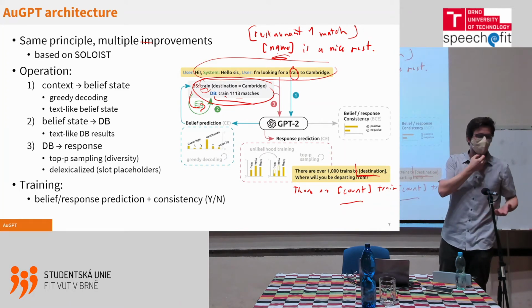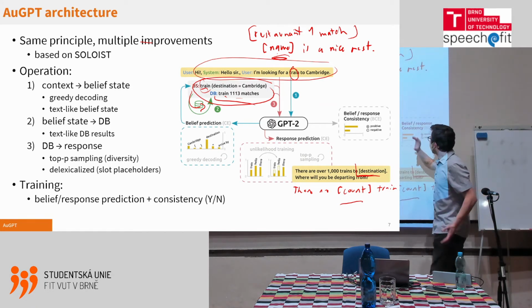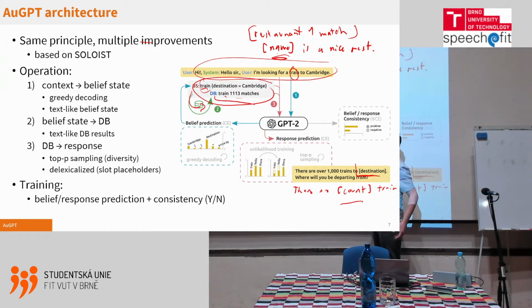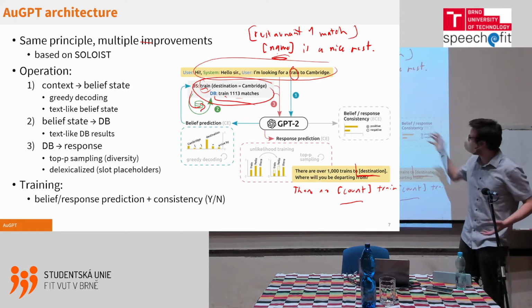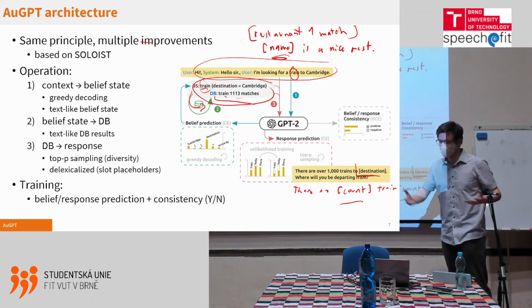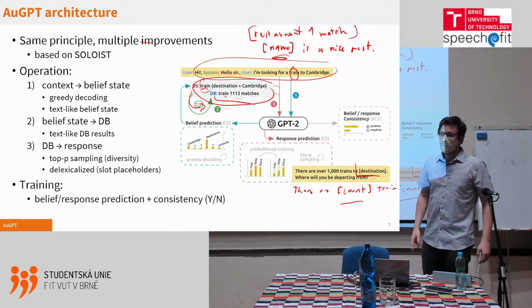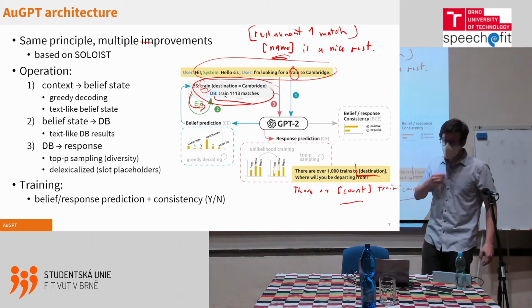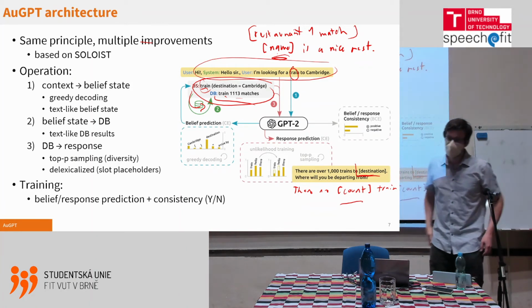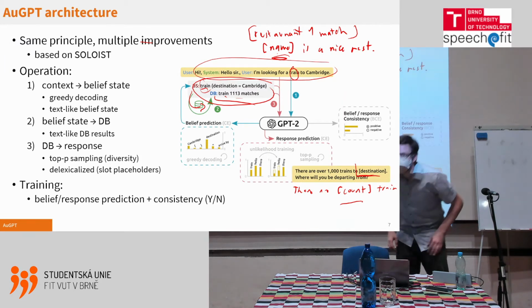If you mess up the user preferences and there is no hotel to book with those parameters, then the booking will not be successful. Okay.